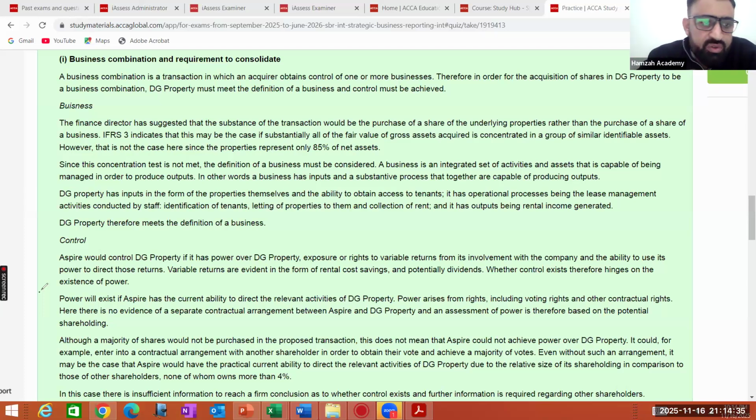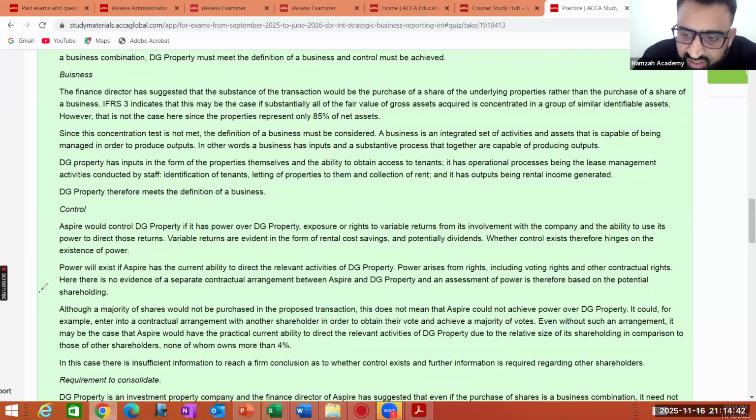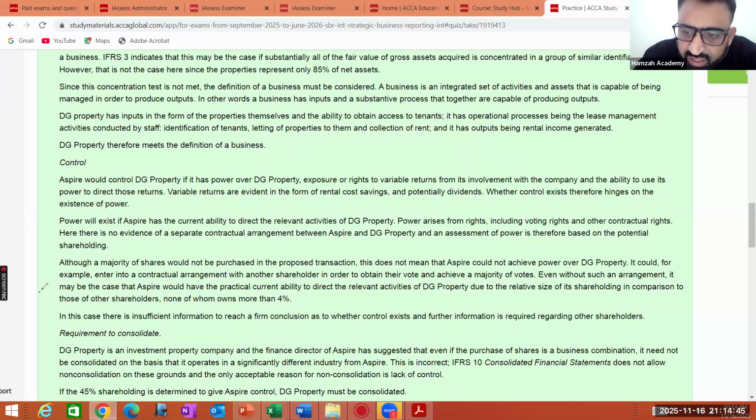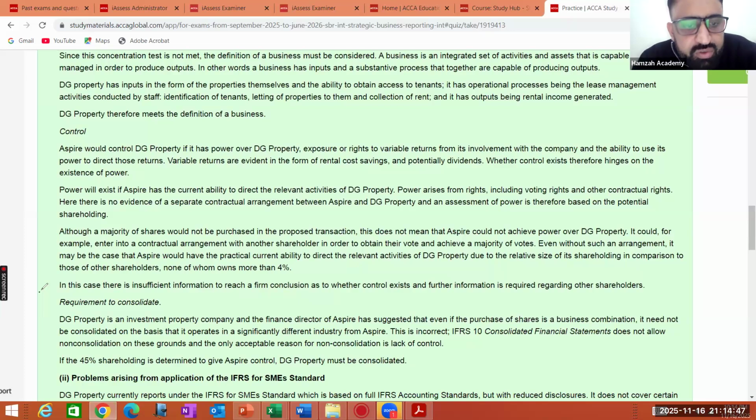Now the second thing we need to establish here is whether we have control or not. Now we have discussed control yesterday. Control means power, exposure to variable return, and the ability to use that power. And normally control can be through more than 50% shareholding. That would be the presumed control, or a management contract, or in the absence of 50% or management agreements which give you the controlling right, you need to consider other factors as well.